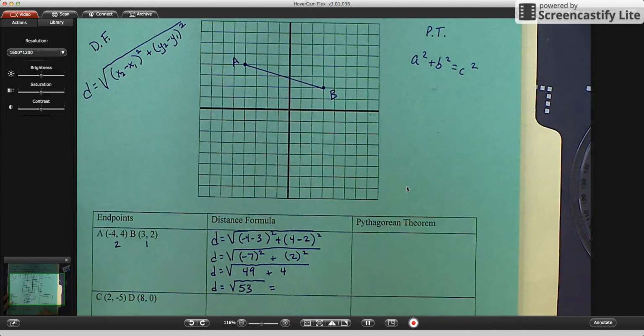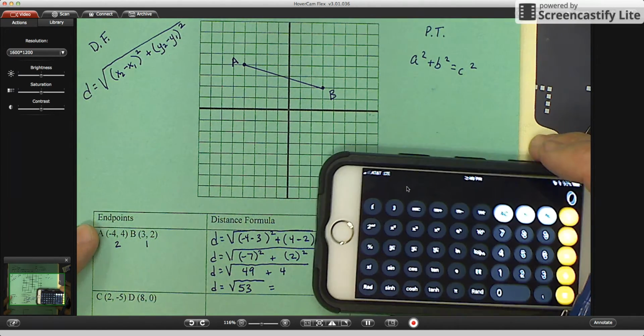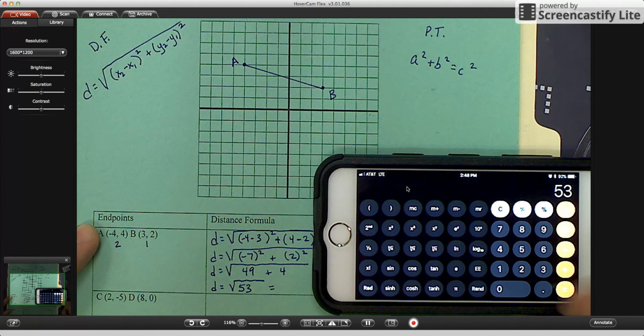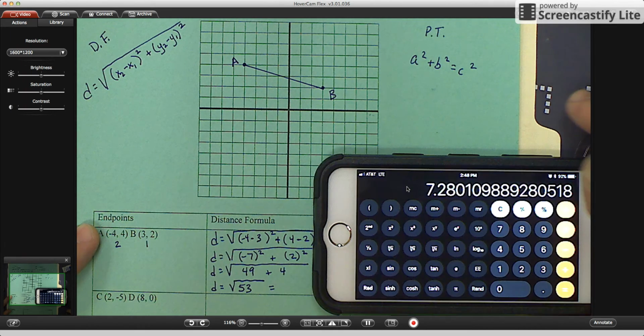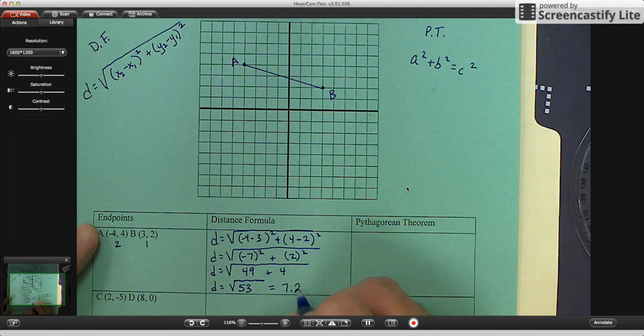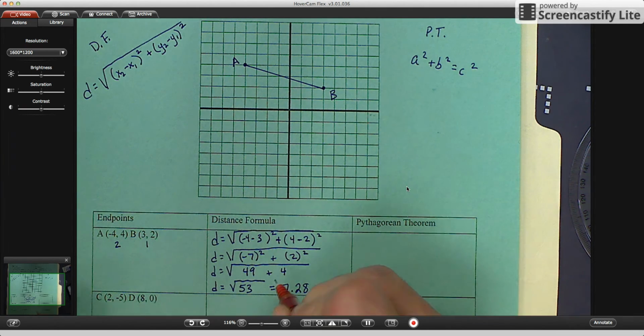And if you take your calculator and do the square root of 53, I'll do it on my phone here. There's a clear button. You do square root 53. That equals 7.280. So I'm going to do 7.28. And that would be your distance.